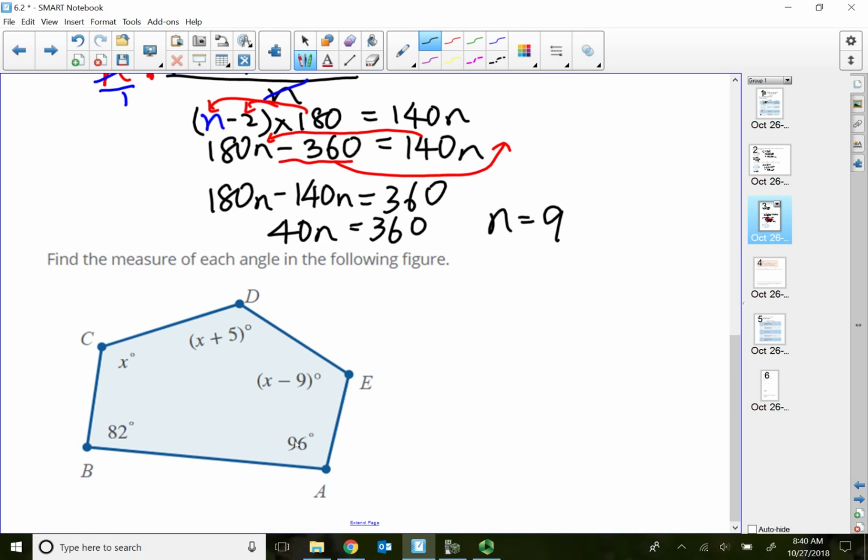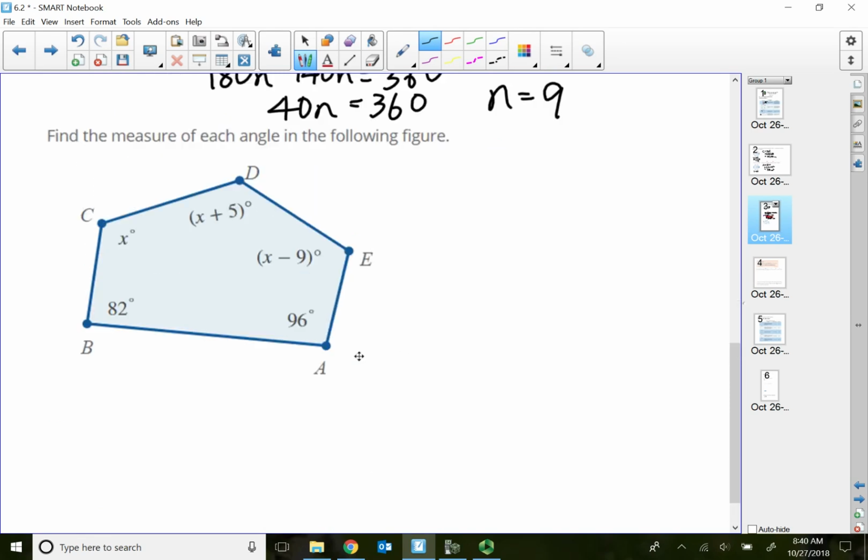Find the measure of each one of the angles below. This is a 1, 2, 3, 4, 5-sided shape. Now it's giving me the interior angles, so I need to find the sum of the interior angles for a 5-sided shape.